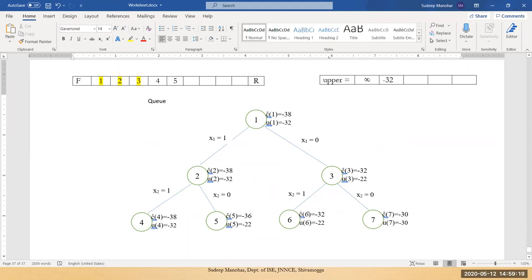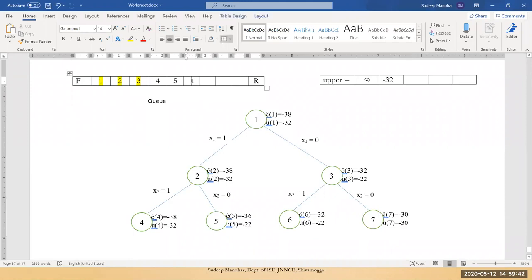Check the C cap value, whether C cap of 6 is greater than 32. No. Whether C cap of 7 is greater than 30. Yes, this is greater than upper, and hence you have to kill this. You are not killing 6, you are killing 7.